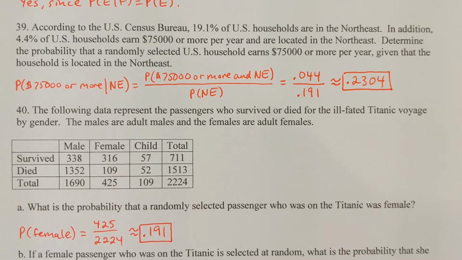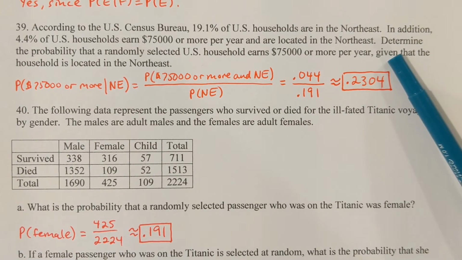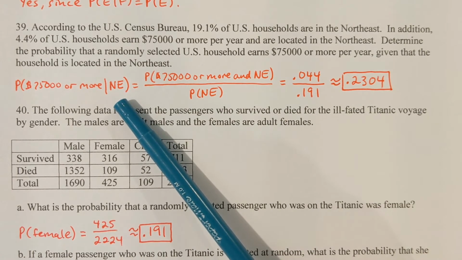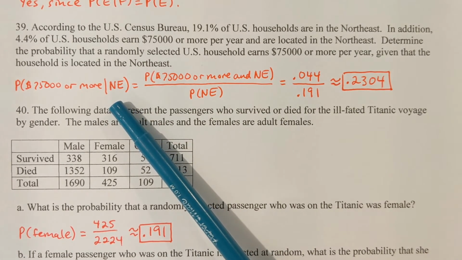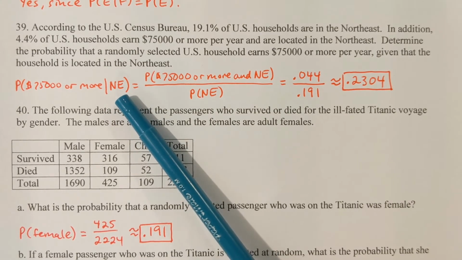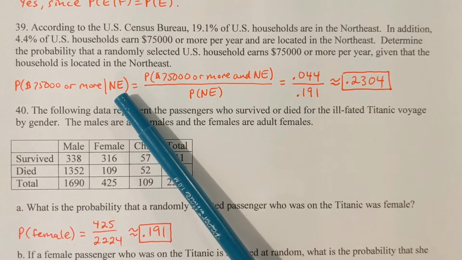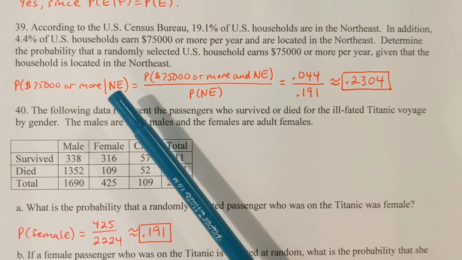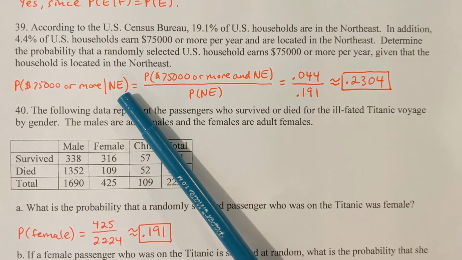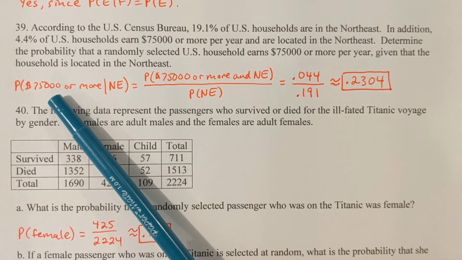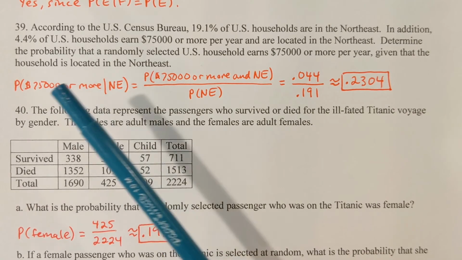Okay, given is a key word there, and that tells me that I'm going to have to use a conditional probability. In this problem, I am not looking at all the households in the United States. I am only looking at those in the northeast region of the United States, so I must indicate that when I set this up. So given that condition, what are the chances that I select a household that earns $75,000 or more?